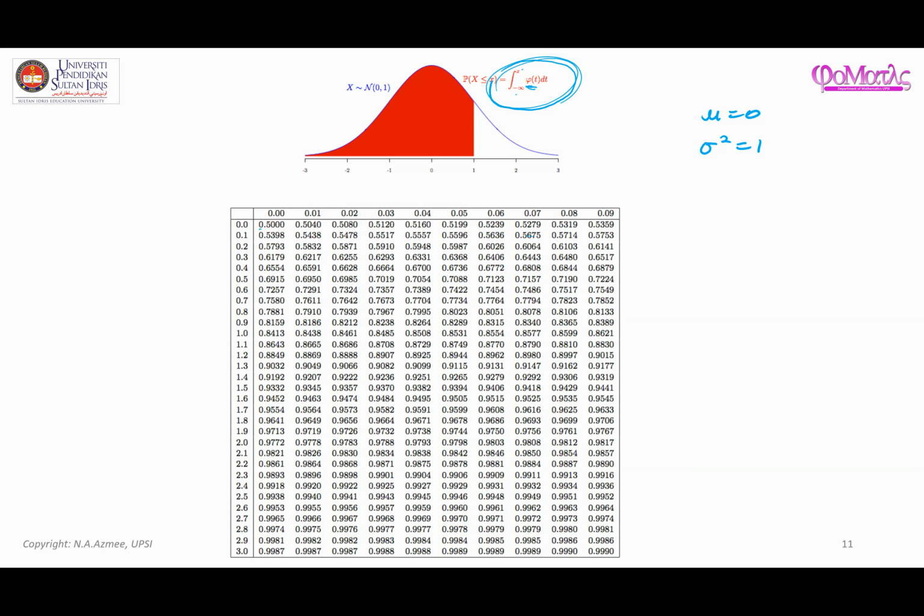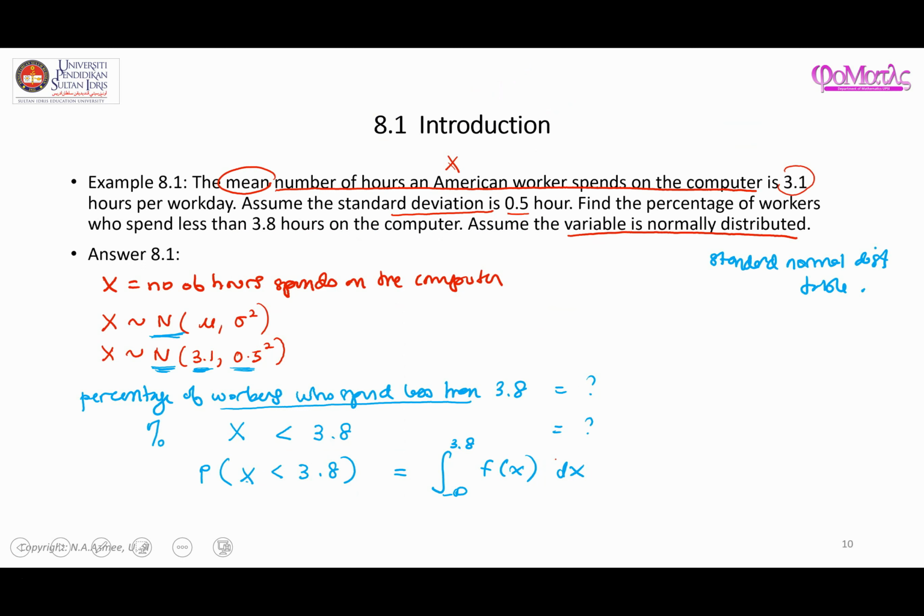Similar idea to what you have seen in the previous chapter related to the continuous distribution. By right this is what we are supposed to do, but we don't have to do it because we already have a table, a z table, that gives you the results of the integration inside that table.